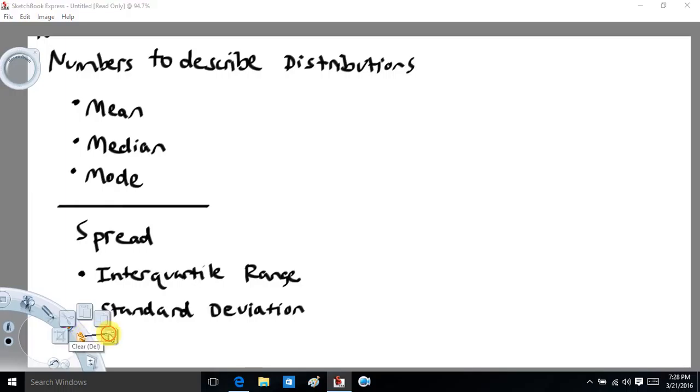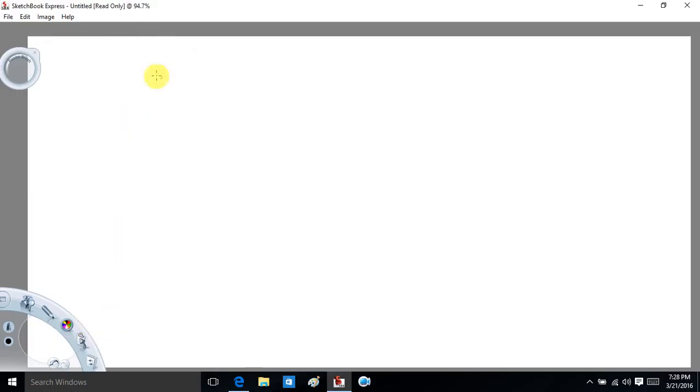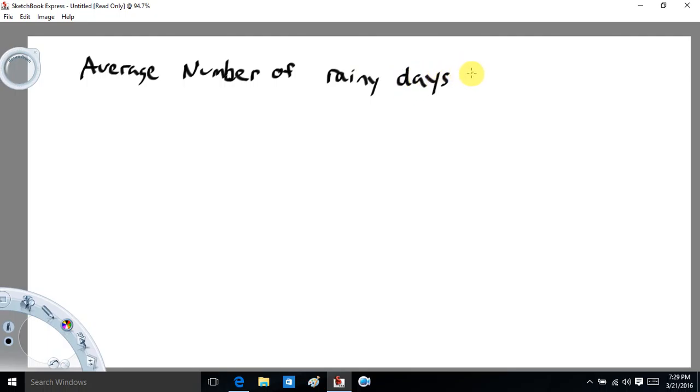Okay, so let's create some data. So let's just say we have the following data represents average number of rainy days in a year by month. Okay, so we have 12 months: January, February, March.